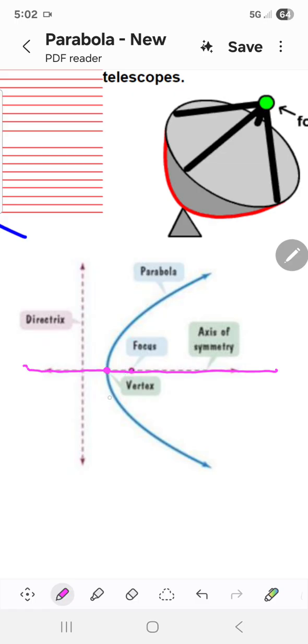What's interesting is that the distance between the vertex to the focus and the vertex to the directrix, these are the same distances. And that is why that earlier picture where I said those distances would be the same, that's why that works. So let's go ahead and take this and talk about the equations and how they work.